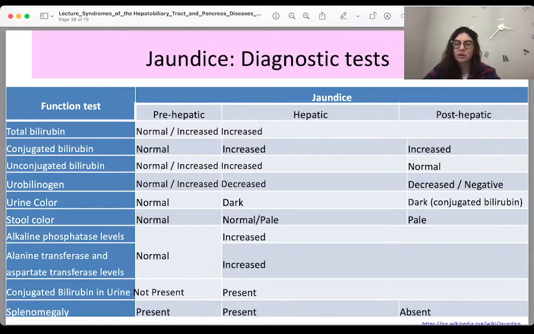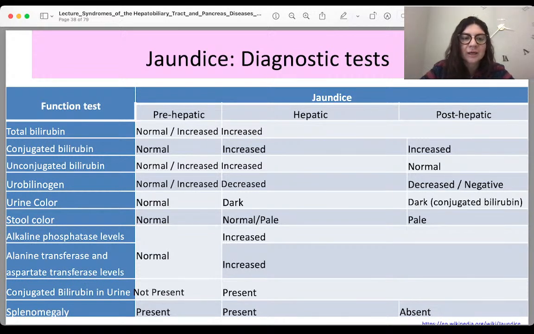Diagnostic tests. Jaundice, of course, first of all, we should diagnose by laboratory as a syndrome. We use for it such laboratory signs like total bilirubin, its fractions, conjugated bilirubin and unconjugated bilirubin. Moreover, we can check urobilinogen.